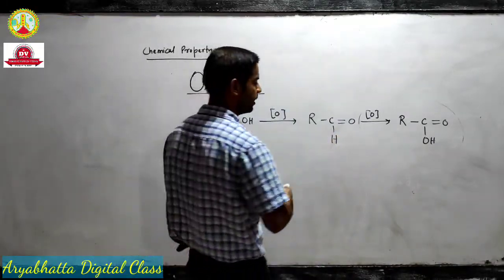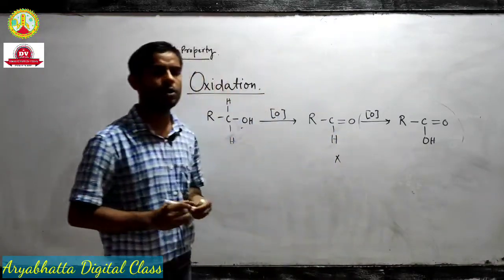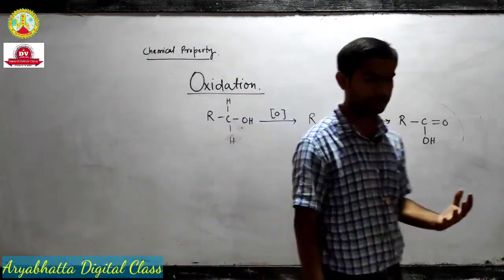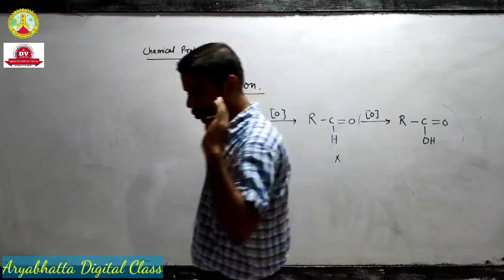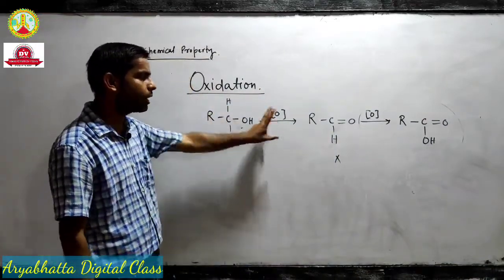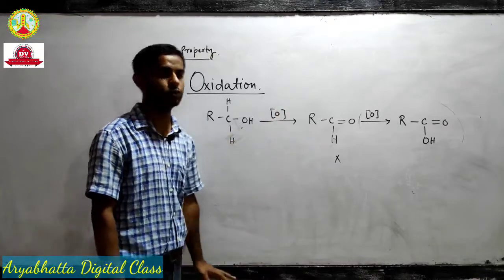We have to stop the reaction here in order to get the aldehyde. So how can we do that? To understand that, we have to understand what kind of oxidizing agent we are using.